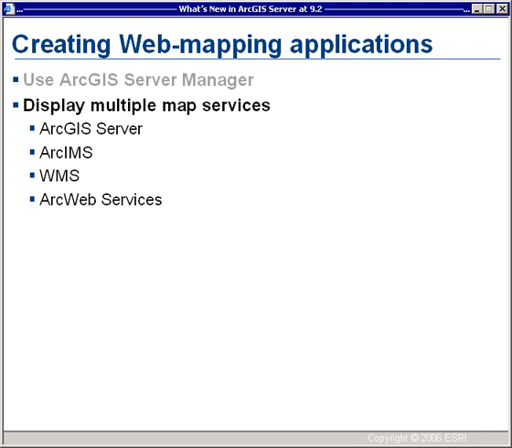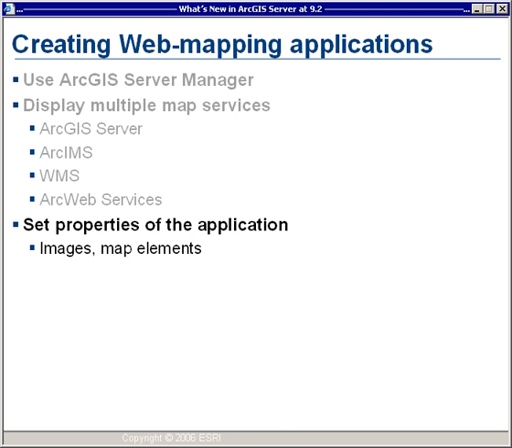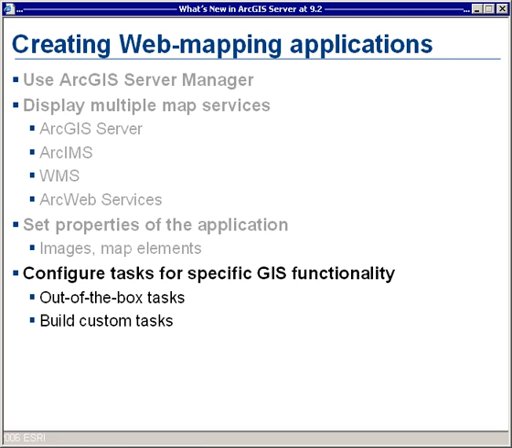In addition to ArcGIS Server, I can consume ArcIMS, WMS, and ArcWeb services. The appearance of the web mapping application can be modified by changing the properties. To extend the functionality of our website, out-of-the-box tasks can be configured, or developers can create custom tasks to add more GIS functionality to our applications.